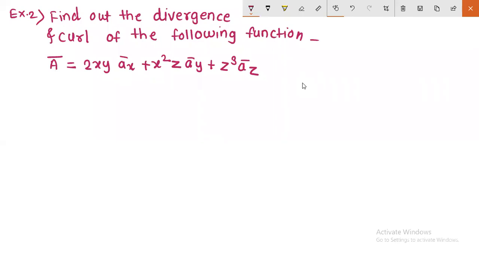So this is your vector. You have to find the divergence and curl.